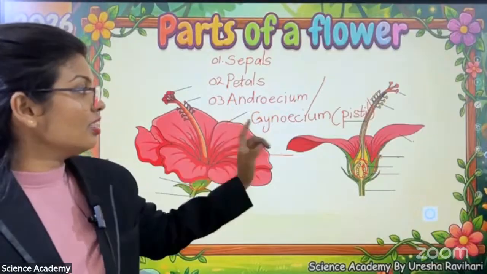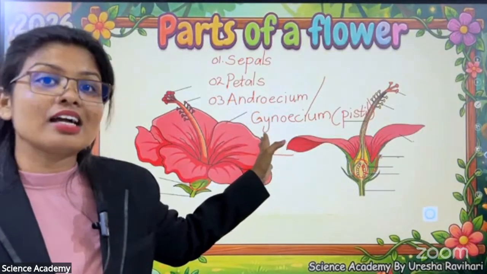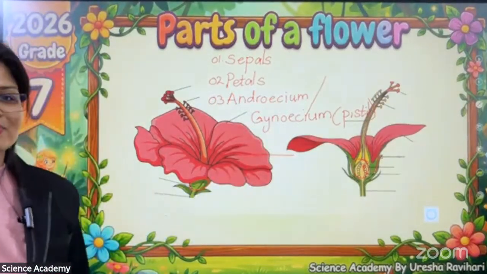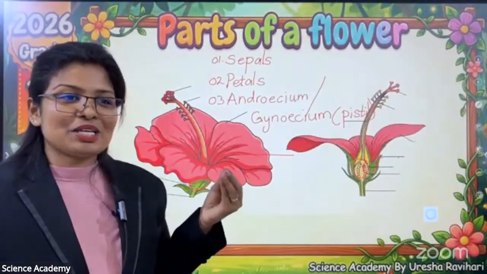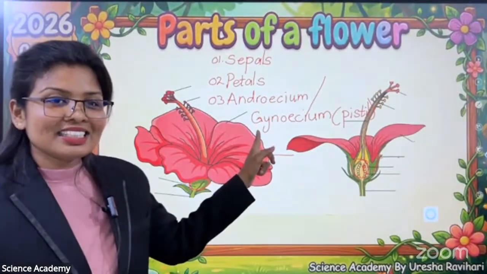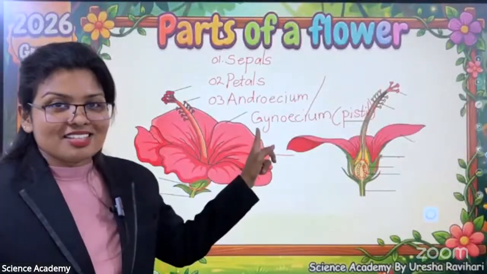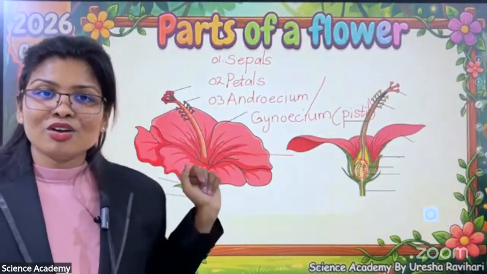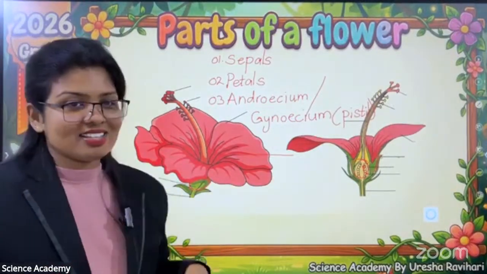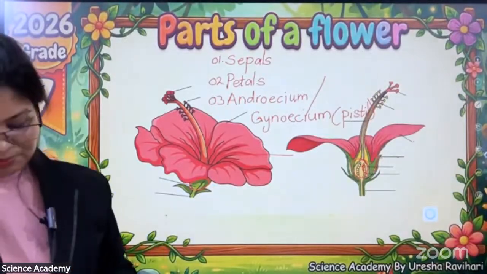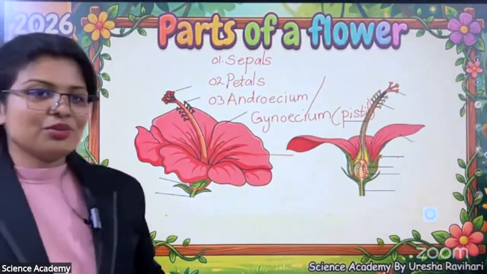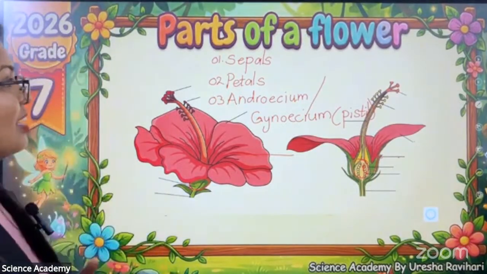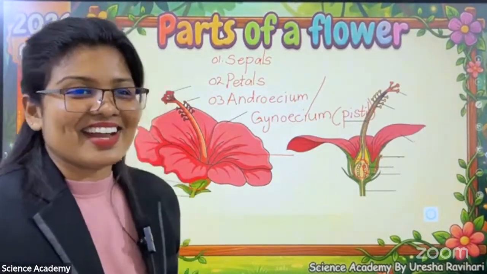Gynaecium means the female part. If it is difficult to remember, keep G for girls, gynaecium, and androecium for males. I hope it's clear now. Did you write it down? Yes, miss. Okay, then we'll move on.